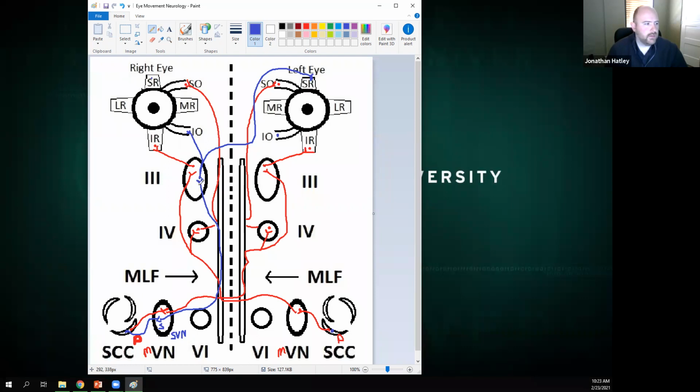They're then going to innervate the ipsilateral oculomotor nucleus. This nerve is then going to innervate its own ipsilateral inferior oblique, but it's going to innervate as well the contralateral superior rectus. So make sure that you get those ironed out, which connections stay ipsilateral and which stay contralateral according to the canal that was stimulated.